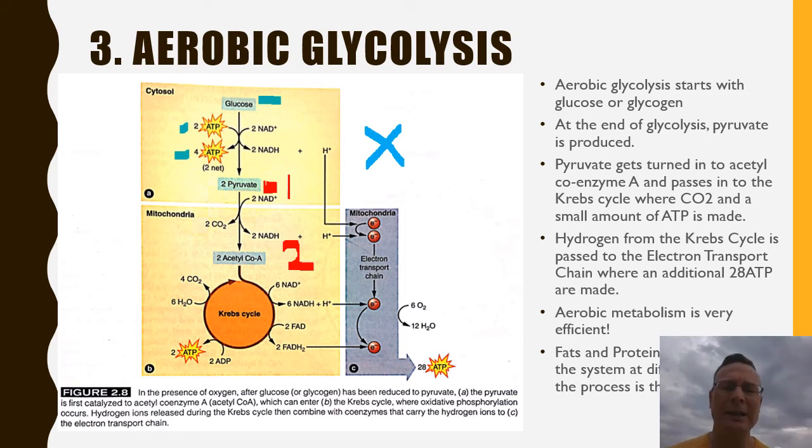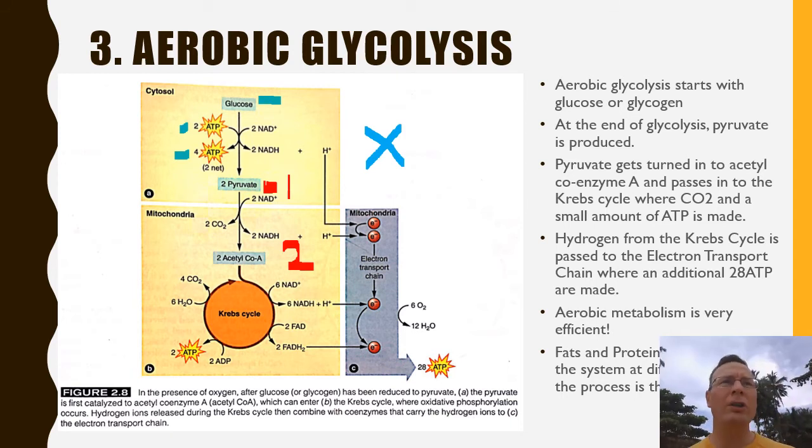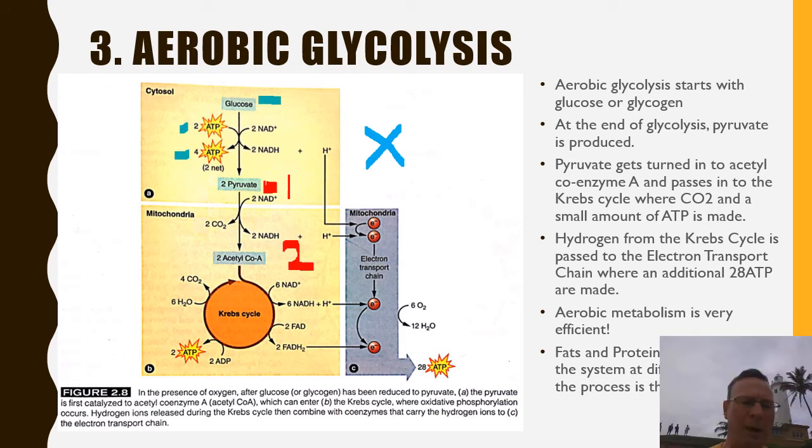So here, that pyruvate becomes a substance called acetyl coenzyme A. Now, we don't need to know the whole individual processes, but I'm just going to draw your attention to a couple of really important things. What we can see is that acetyl coenzyme A, this stuff at number 2, gets fed into this thing called the Krebs cycle.